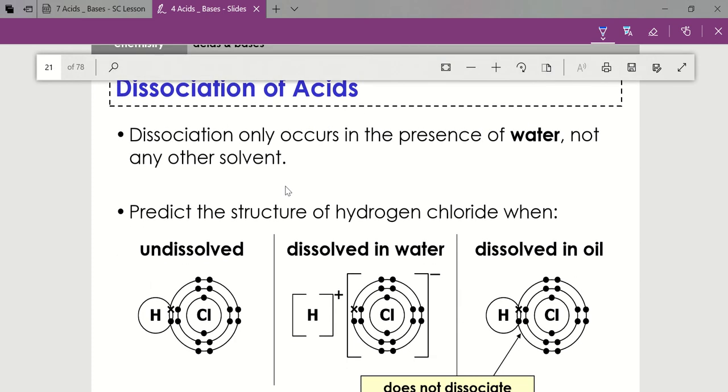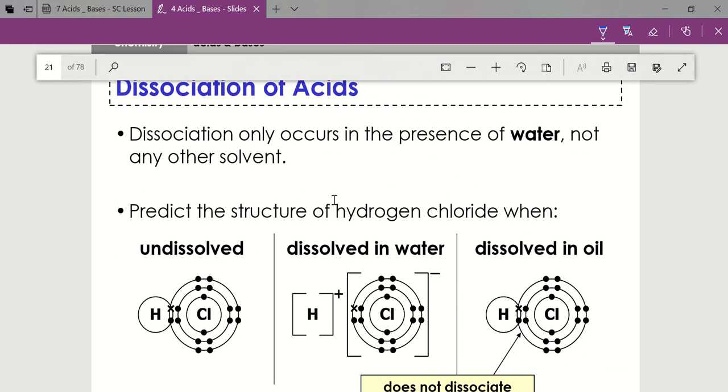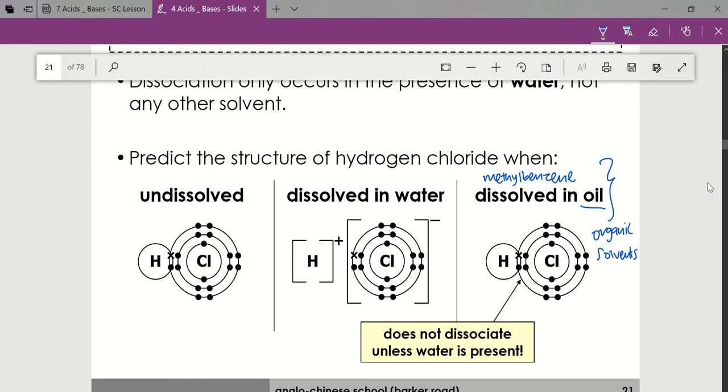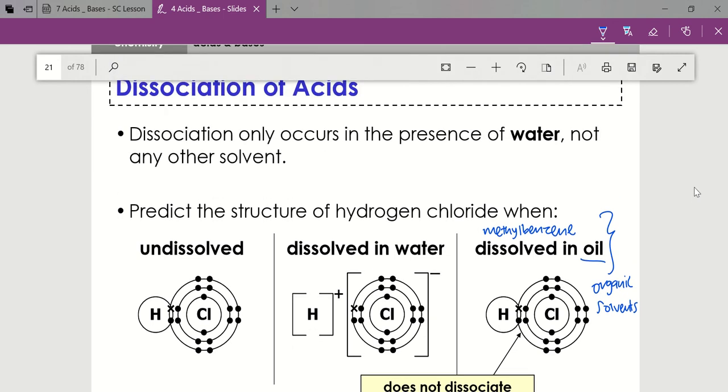All right, so what about other solvents? Some common solvents that you may come across could be things like oil or methyl benzene, which you may see in the last lesson. These are what we call organic solvents. Organic solvents are not able to cause our molecules to be ionized and dissociated to form hydrogen ions.